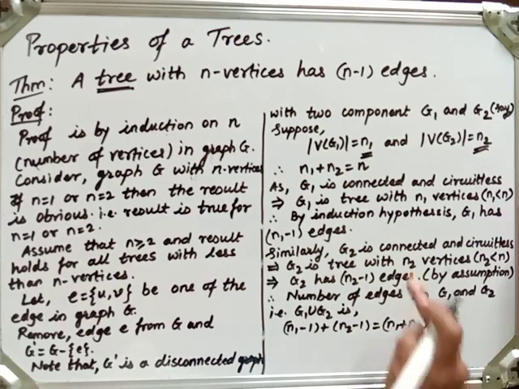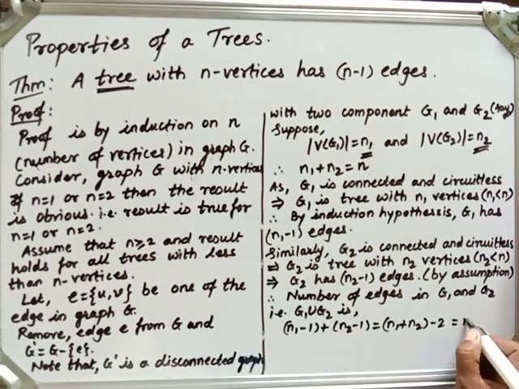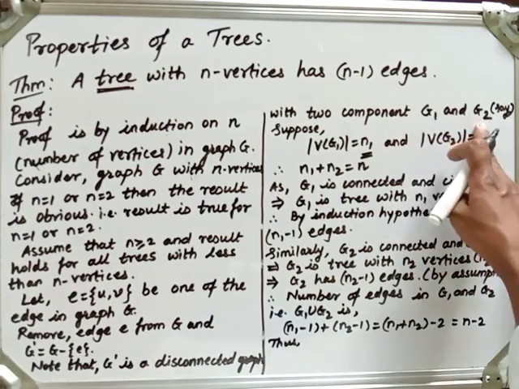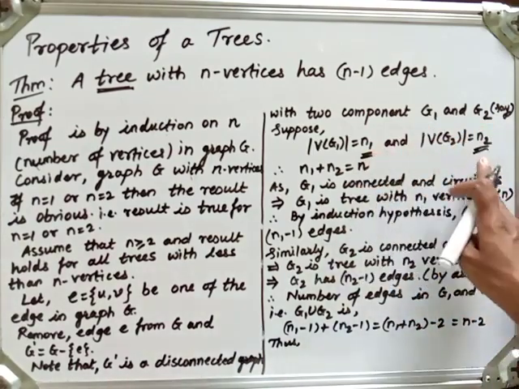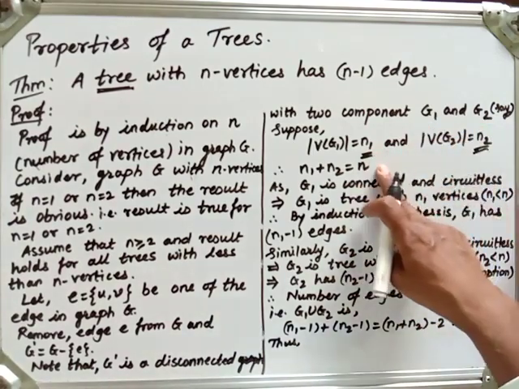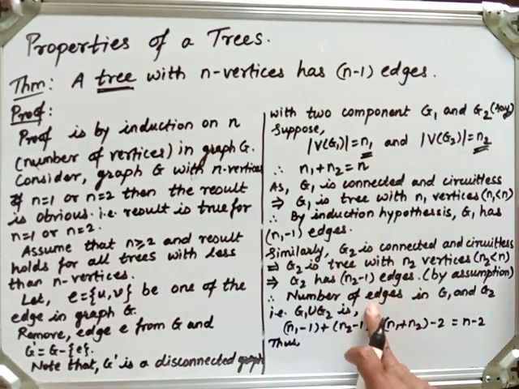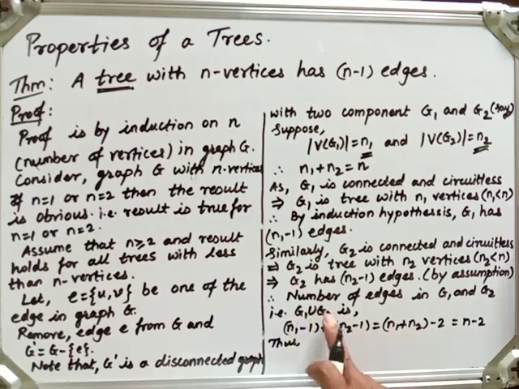But N1 plus N2 is N. So that is N minus 2. Now two components we have formed, G1 and G2. The addition of the number of vertices in G1 and G2 is N. We have found the number of edges in G1 and in G2, and added them.